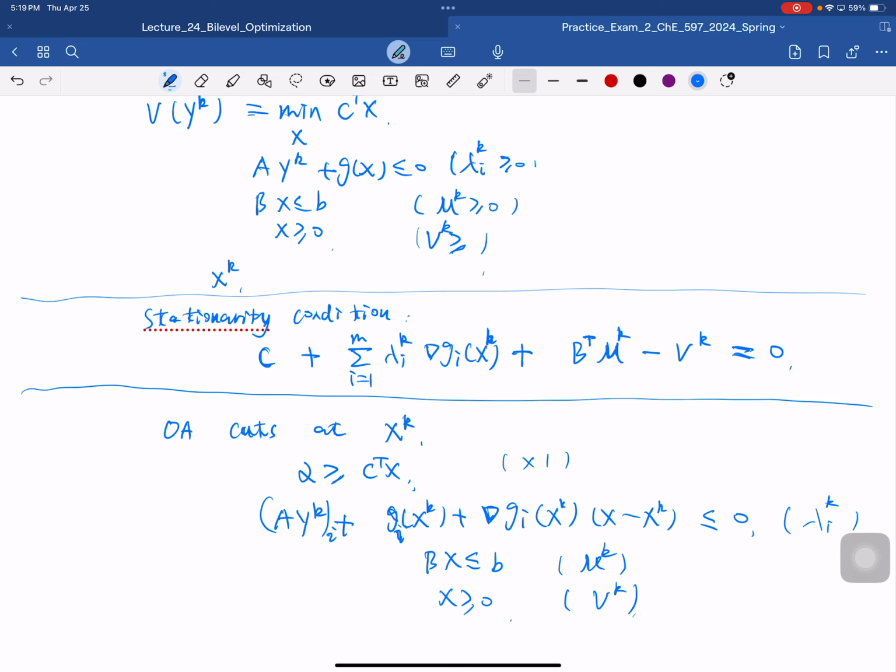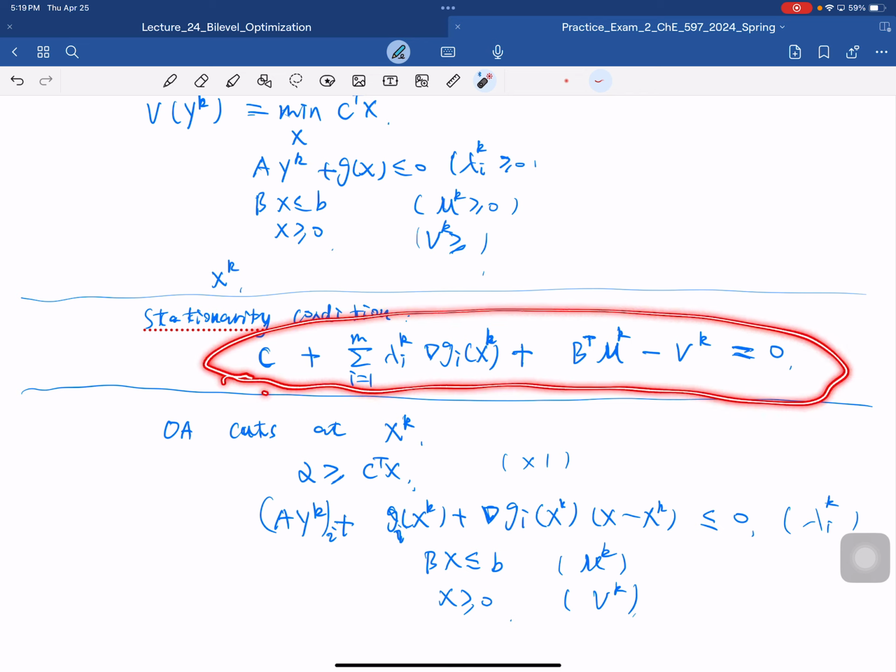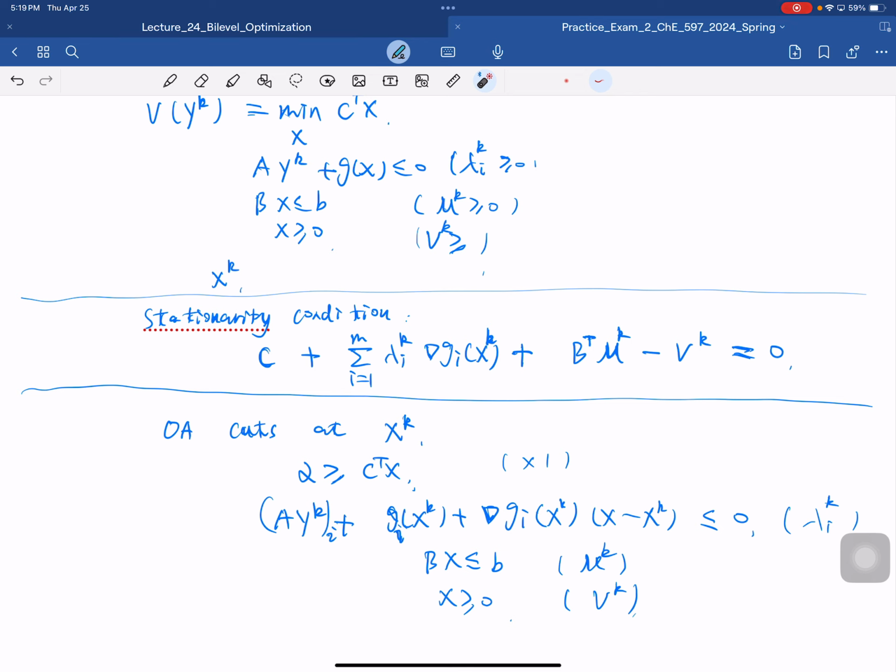After you aggregate those constraints by the optimal dual variables, you will find out all the x terms will be canceled out with the stationarity condition, because the stationarity condition is the sum of something equals to 0.